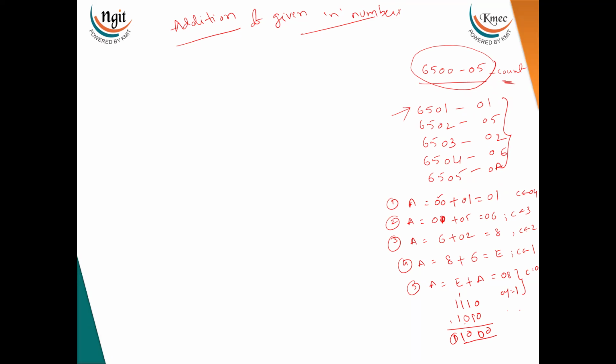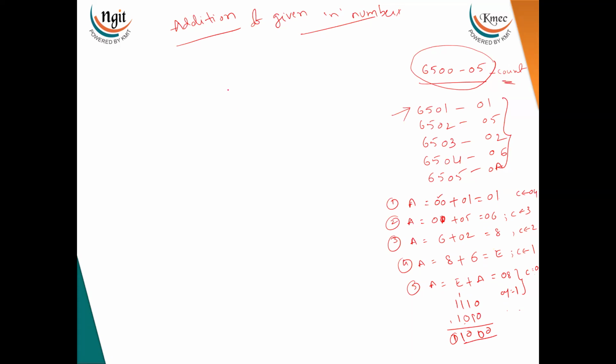Then again the next location value is added to the result, and the count is decremented, like that till the count value is 0. Till that time we have to do the addition process. This process should repeat, and whether a carry is generated or not, we have to take care of the carry. For 4 values carry is not generated, but for the fifth value carry is generated, that's why we need to check the carry.